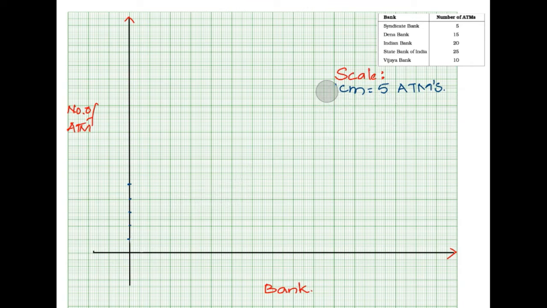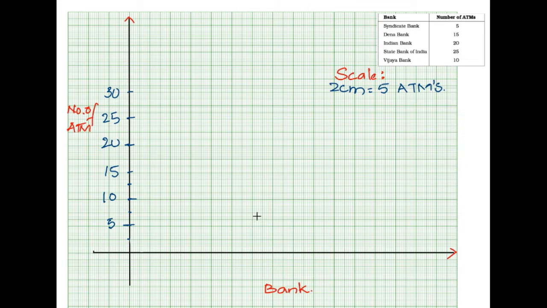Suppose instead of 1 centimeter, in case if you take 2 centimeter, then here we have 5, here we have 10, here we have 15, next here we have 20, next we have 25, next will be 30. Now 25 is the maximum number of ATMs given.